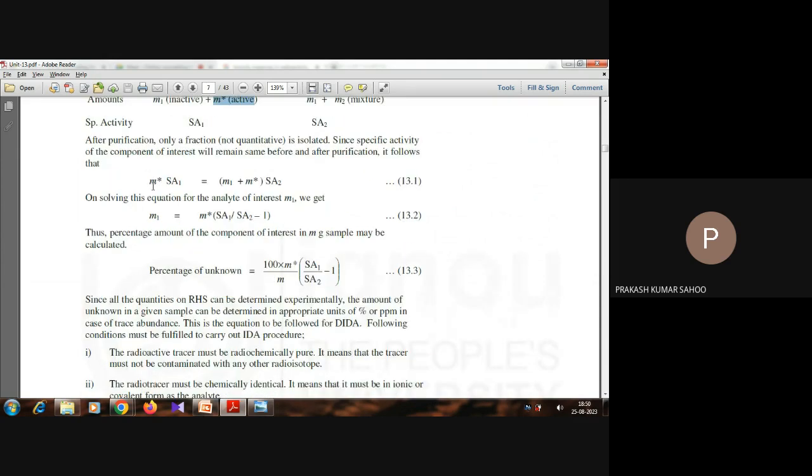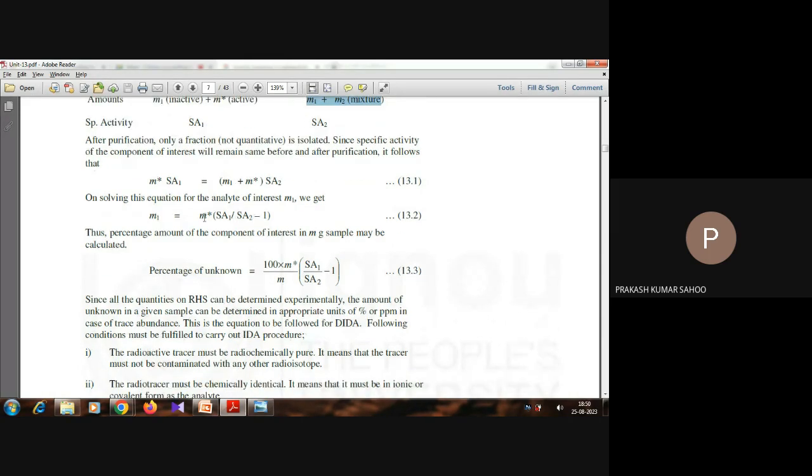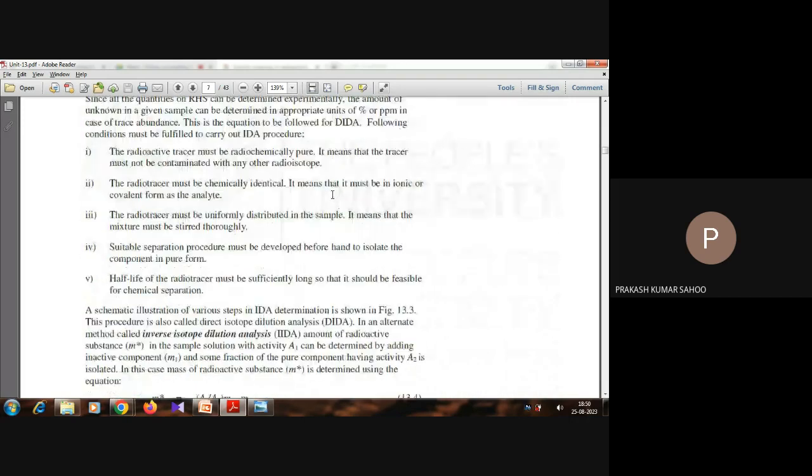Then this will be M star of SA1 equal to M1 plus M2 of SA2. These equations are correlated with respect to the specific activity, right? On the left hand side the activity is due to M star, and on the right hand side the activity is due to the mixture M1 plus M2, that is M1 plus M star. So M1 will be this one, then the percentage will be multiplied by 100.